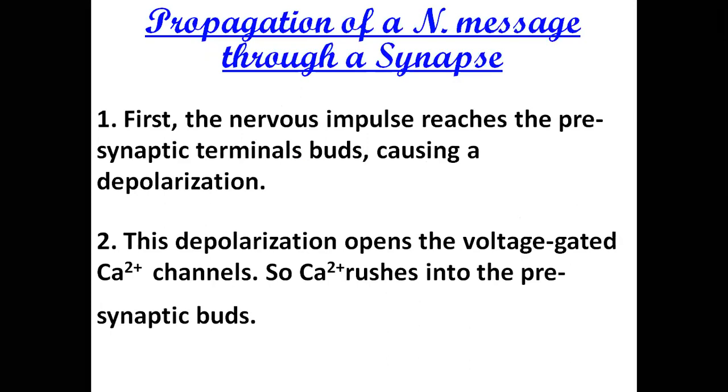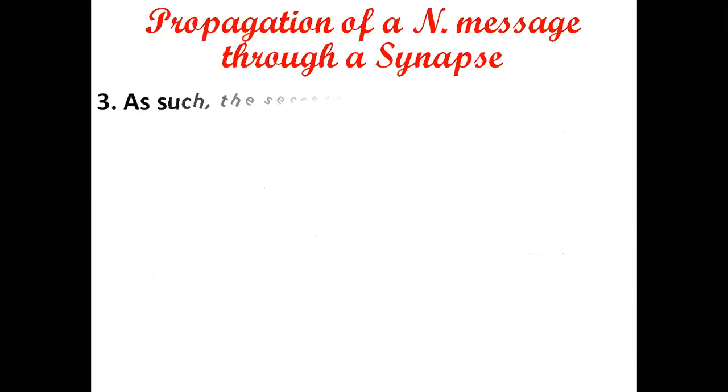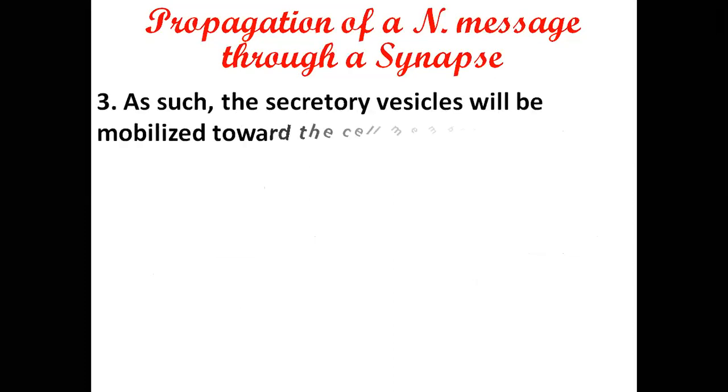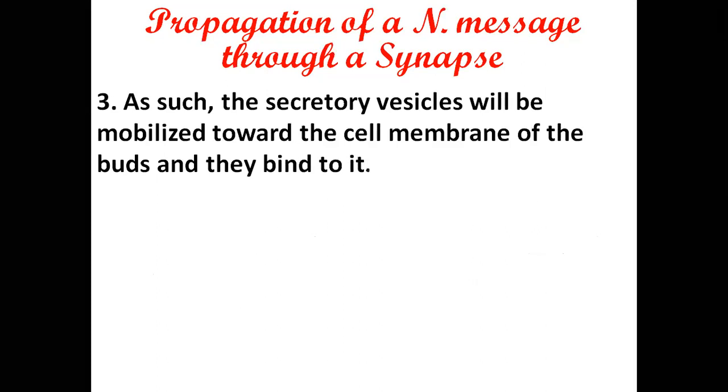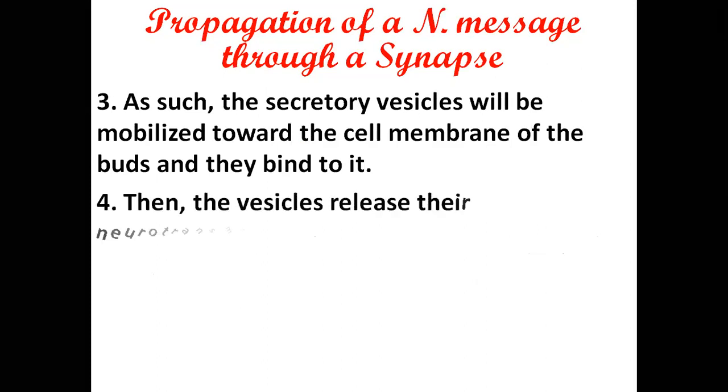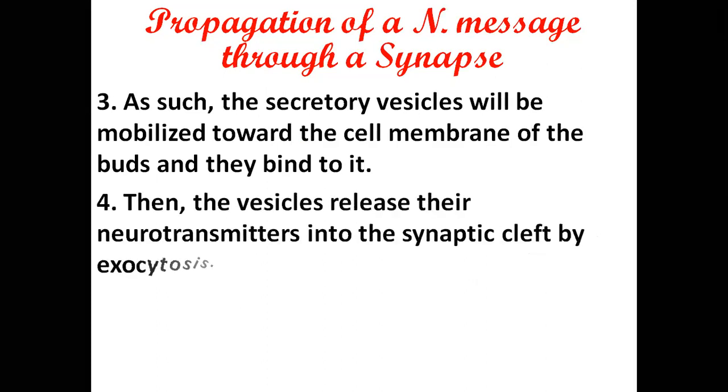Now we are talking about Ca2 plus channels. So Ca2 plus rushes into the presynaptic bouton. Secretory vesicles, which contain the neurotransmitters, will be mobilized, move toward the cell membrane of the bouton, and bind to it. These vesicles will then release the neurotransmitters into the synaptic cleft by a process called exocytosis.